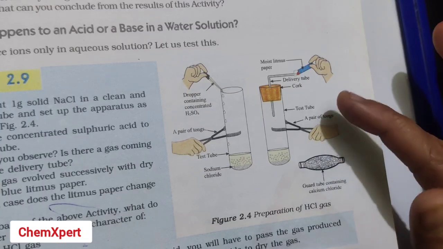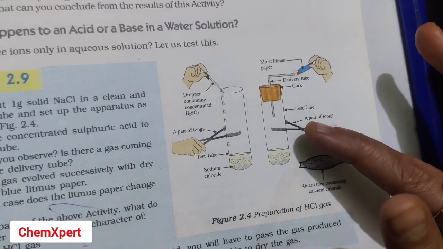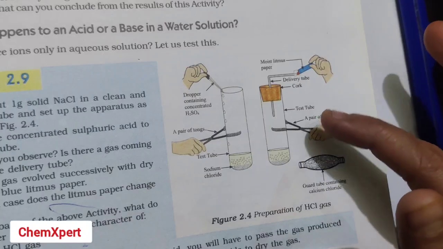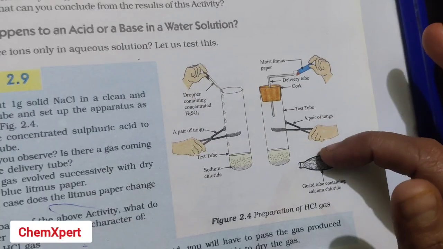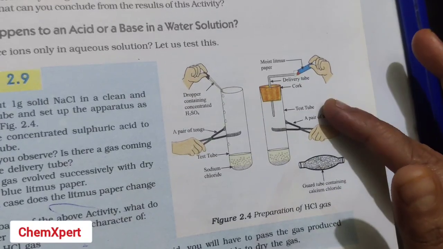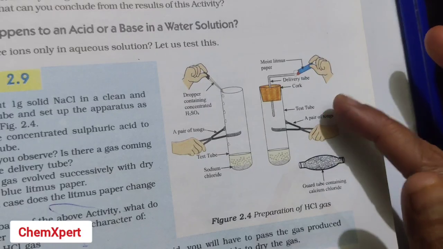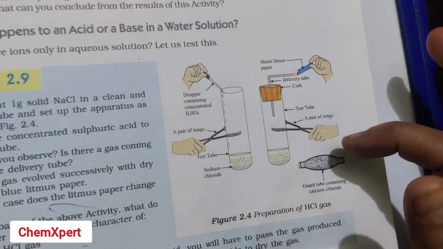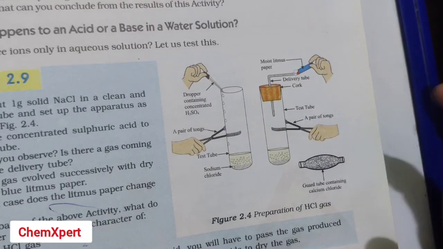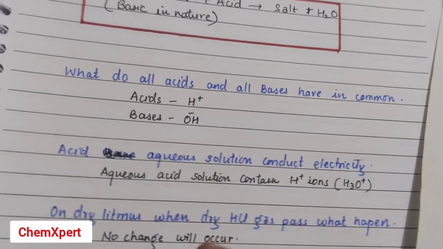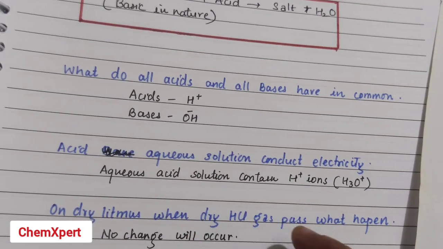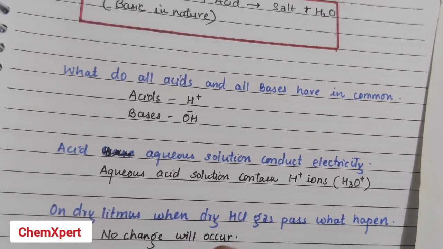Since both are dry and H plus ion is only released in the presence of water, that is why dry HCl does not impart any color to dry litmus paper. So what happens on dry litmus when dry HCl gas is passed over it? There will be no change.